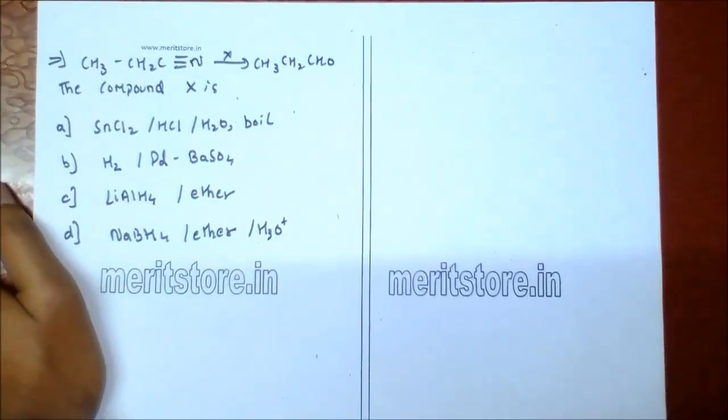When ethyl cyanide reacts with X, it gives propanaldehyde. The compound X is?